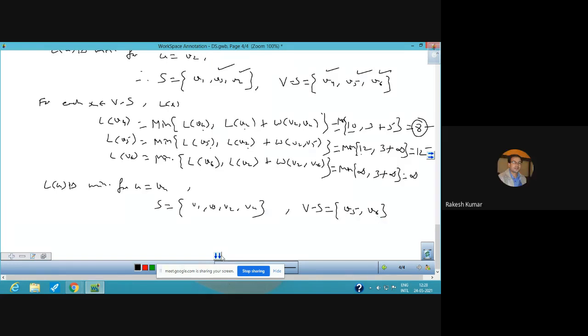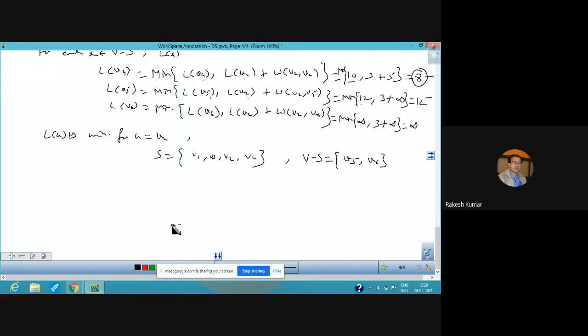Now, let us repeat the step of the algorithm again. So, for each x belonging to V minus S, we can compute L(x) by using the calculated values of L(V5), L(V6) in this step. And for L of V5, the new value will be calculated.